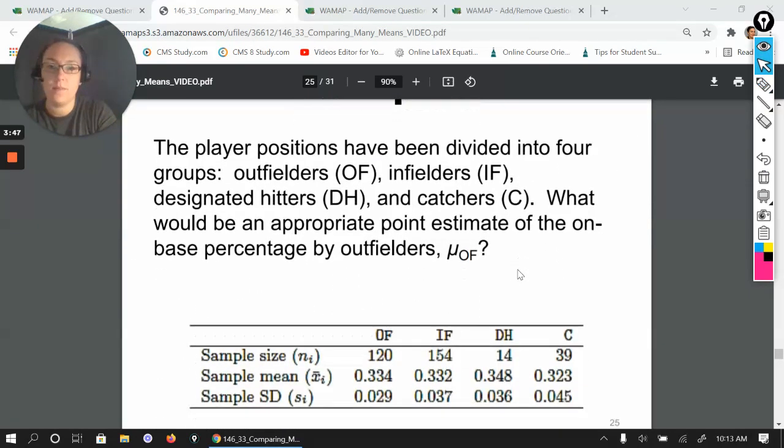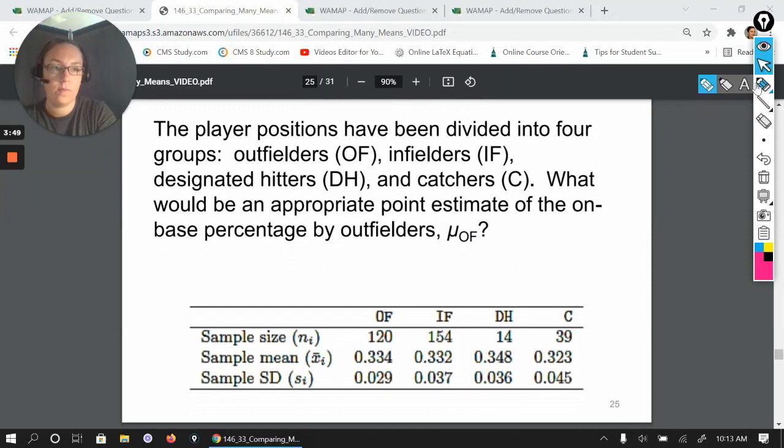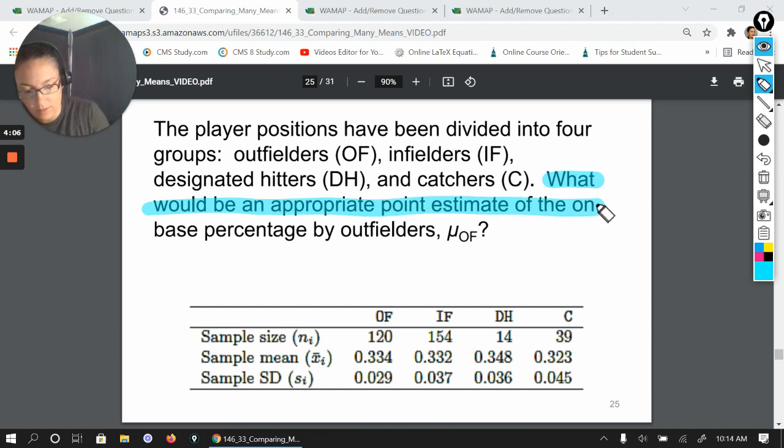Example 6. The player positions have been divided into 4 groups: outfielders, infielders, designated hitters, and catchers. What would be an appropriate point estimate of the on-base percentage by outfielders?